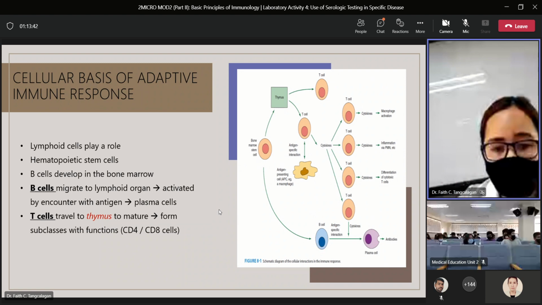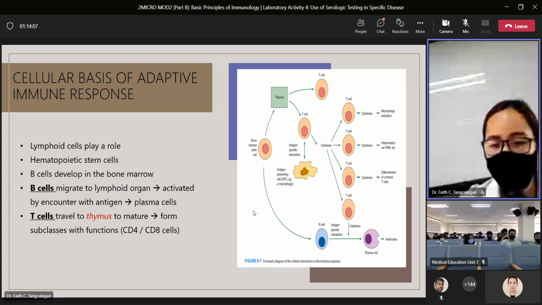These B cells migrate to secondary lymphoid organs. What are your examples of secondary lymphoid organs? Very good, spleen. I think the major ones are the spleen and your thymus.